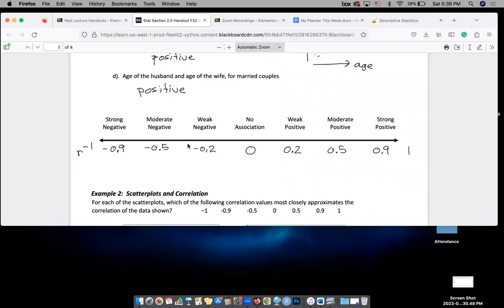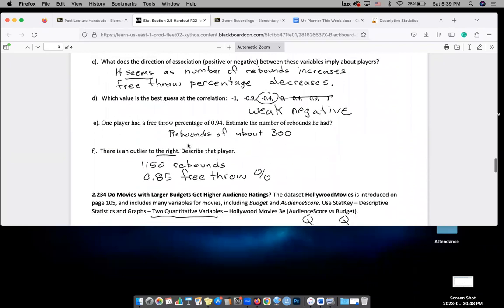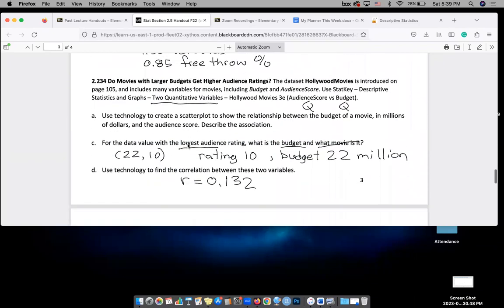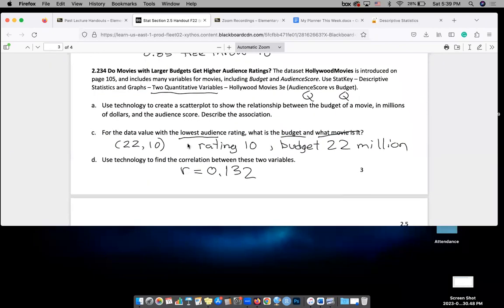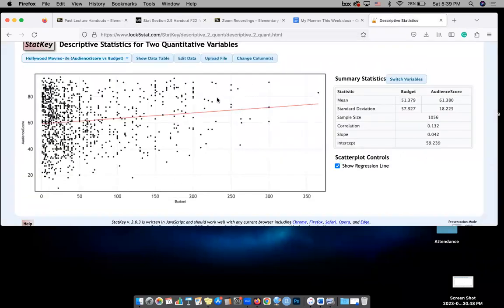The other thing you might be asked for your homework question is to think about particular ordered pairs. They say find the movie that had the lowest rating. These are highly rated movies up here in the 80s, 60s, 40s, 20. Way down here is a movie that only rated about 10 by the audience, and it cost about 22, again I'm thinking in millions, to make the movie.